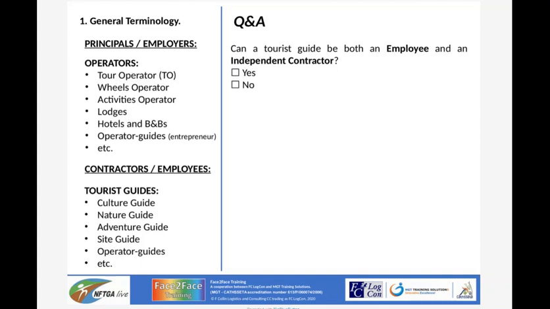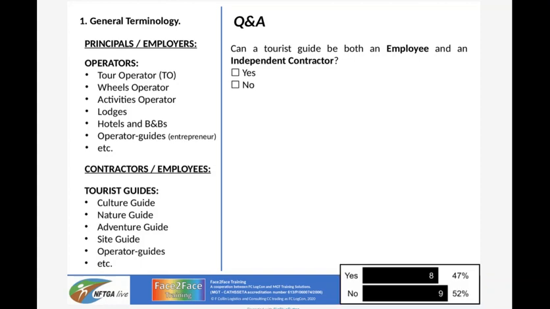So, can a tourist guide be both an employee and an independent contractor? This is actually a trick question. I've got 9 no's and 8 yeses. So 9 people say you cannot be both freelance, employee and independent contractor, and 8 are saying that you can be. The 8 are correct. You can be both an employee and an independent contractor.